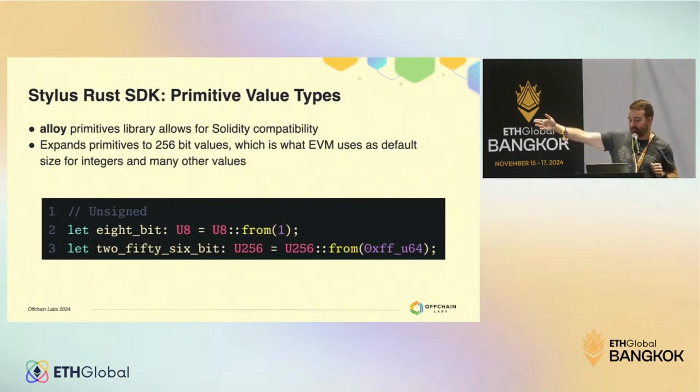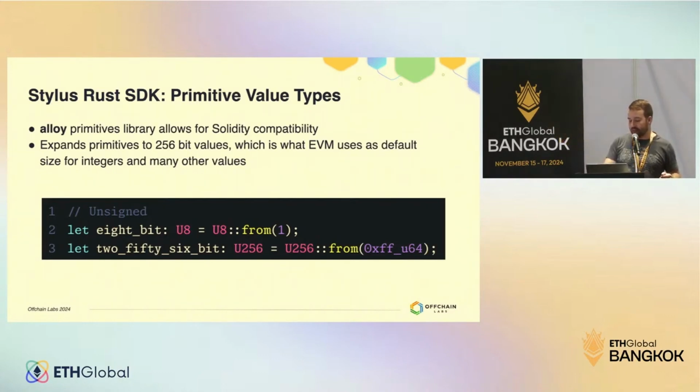These are some of the primitive types. Like I was saying earlier, when you're working with Stylus, you'll use these Alloy types. So you'll use this capital U8 and this capital U256. Remember, earlier it was lowercase u; that was the native Rust integers. These are library integers from our SDK, but they are built on Alloy. So these are Alloy types.